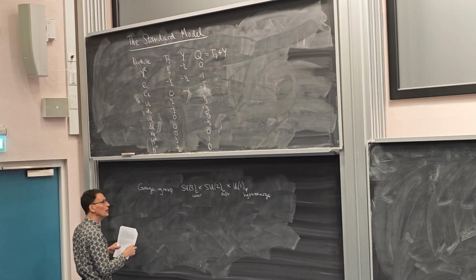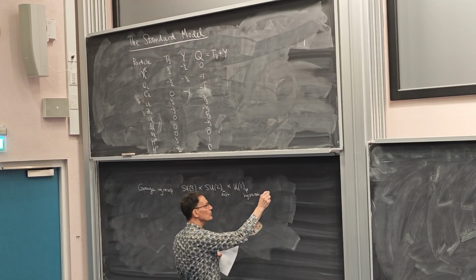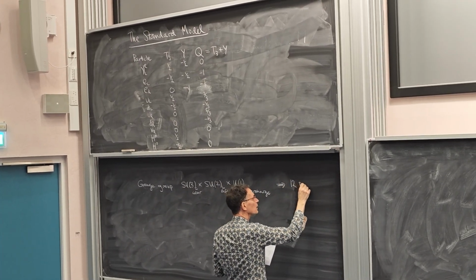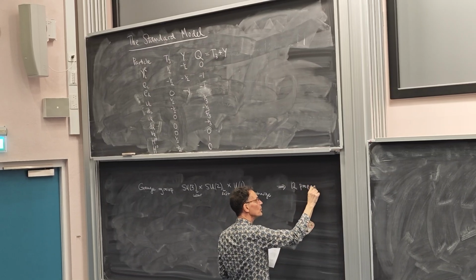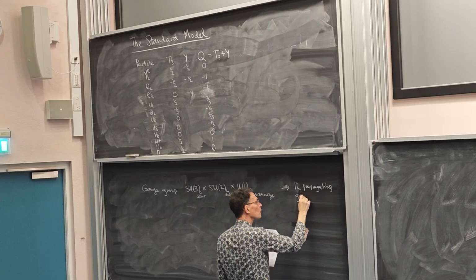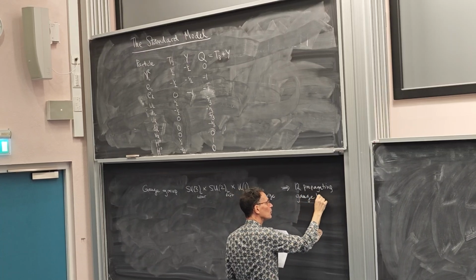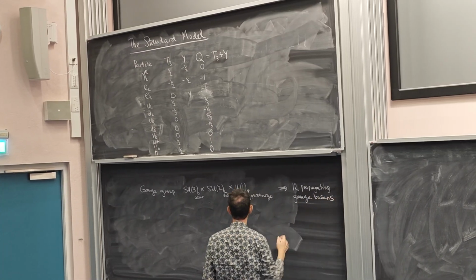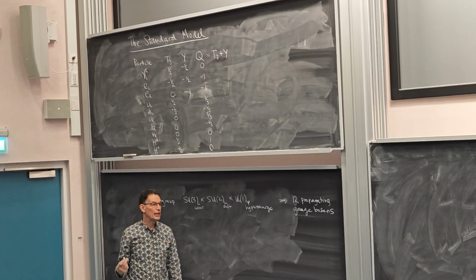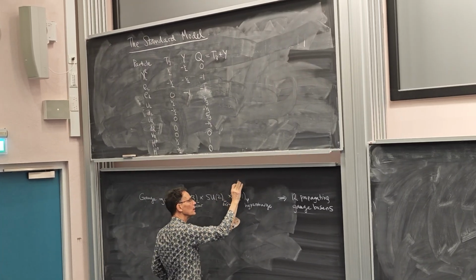Okay, so this automatically gives us 12 propagating gauge bosons. Why? Well, U(1) has 2, right? So this has a vector potential.